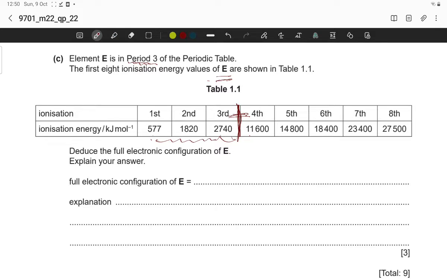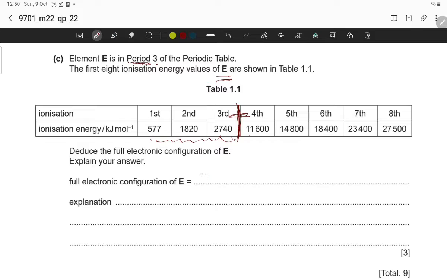So the electronic configuration: because the element is in the third period and in group 13 of the periodic table, the group determines the number of valence electrons.